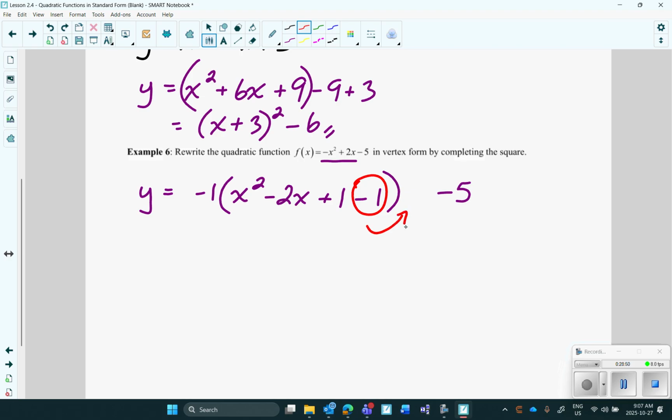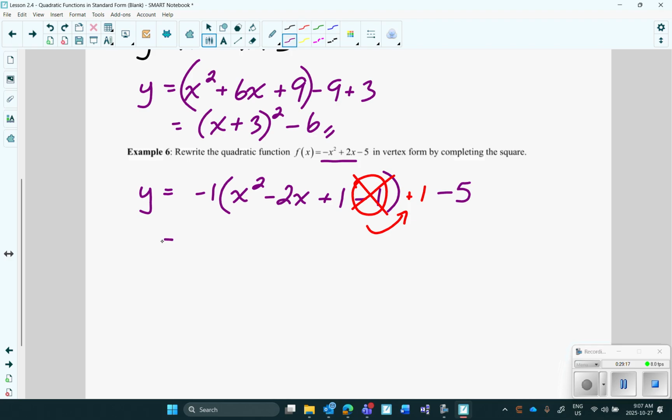But when I take it out, it's being multiplied by a -1. So when I bounce it out, I got to times it by -1. It becomes +1. So you got to be careful there when you have something in front of the x squared besides 1.